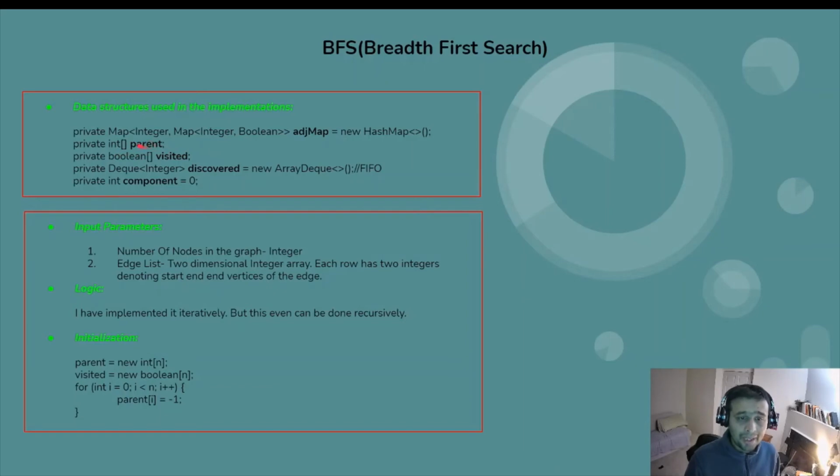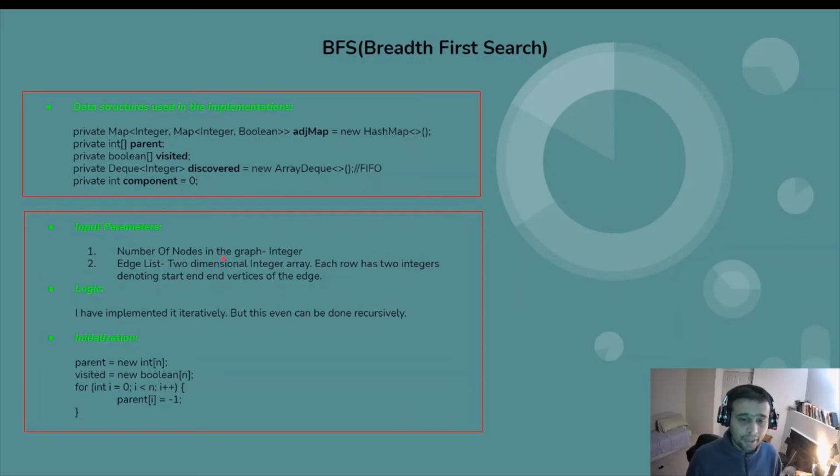And then the parent array. The parent array is used to create the BFS tree. If you remember, in the previous slide I showed it. The assumption here is that all the nodes we are getting are convenient integers which start from 0, and the last node number will be n minus 1. If there are n nodes, the last node's name will be n minus 1.